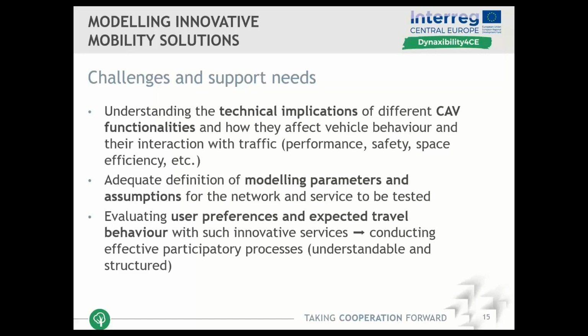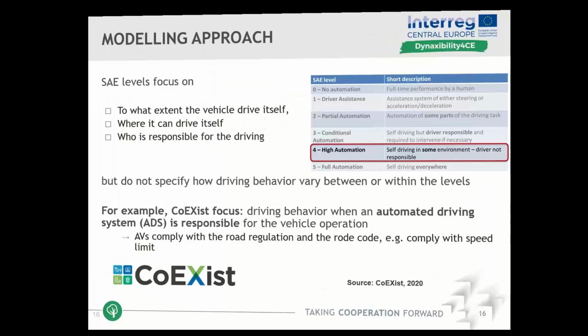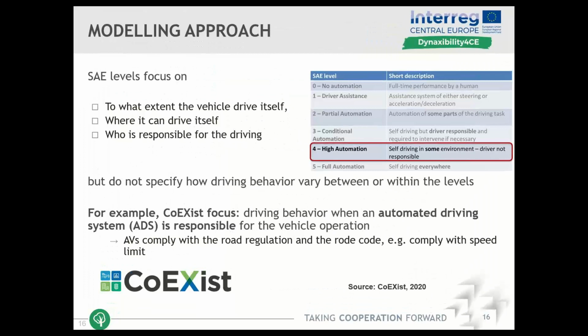Also, how to adequately define the modeling parameters, and also what assumptions need to be made in defining the scenarios to be tested, and evaluating the user preferences and expected travel behaviors as well. And looking into what we've worked before in the Coexist project, this provides a good introduction on the modeling approaches that we have analyzed and we're working with now in Dynaxibility.